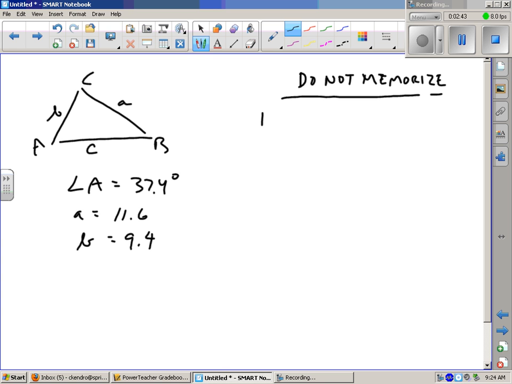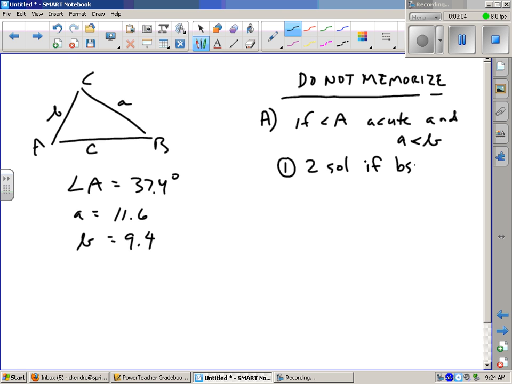Okay, so let's talk about the first scenario. If angle A is acute and side a is less than b, then you have three cases. The first case is you'll have two solutions if b sine A is less than a and a is less than b.